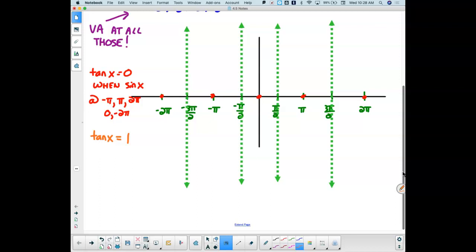How do I know when my function is equal to 1? So that's going to be at pi over 4, we said. What's the next one? 5 pi over 4. What would the next one be? 9 pi over 4? Yep.